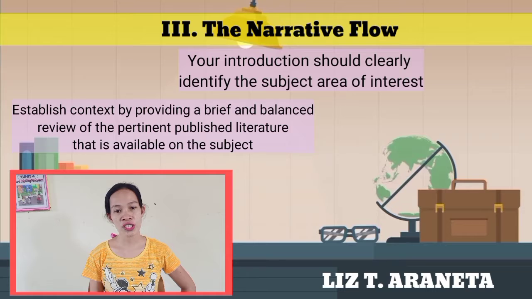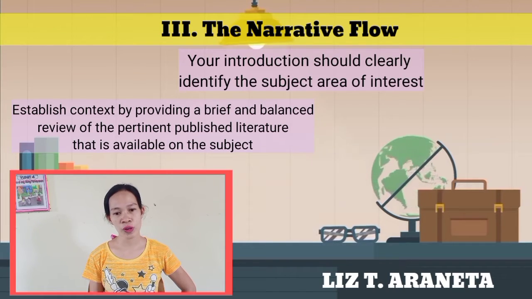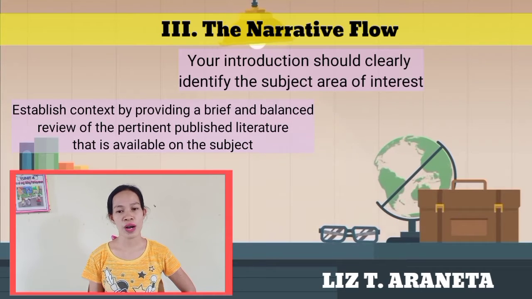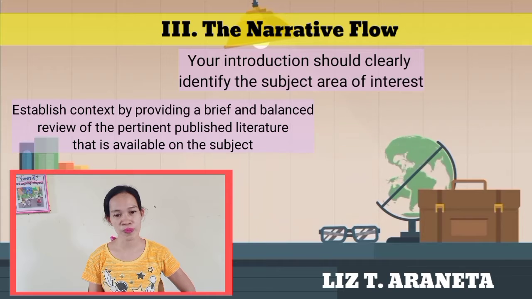Second, establish context by providing a brief and balanced review of the pertinent published literature that is available on the subject. The key is to summarize for the reader what is known about the specific research problem before you did your analysis.